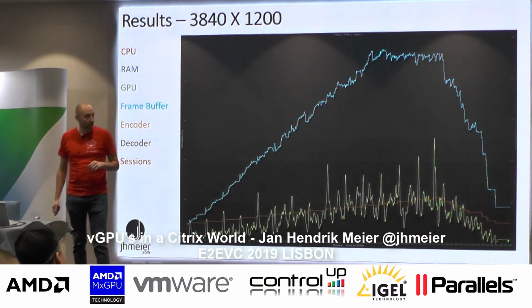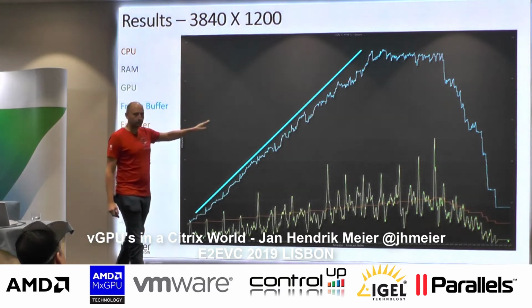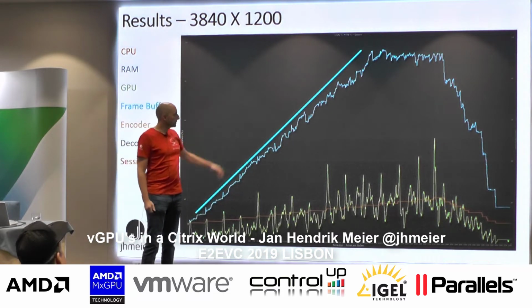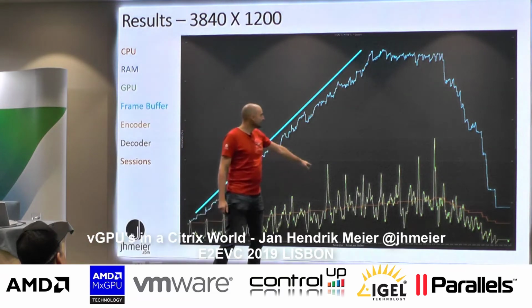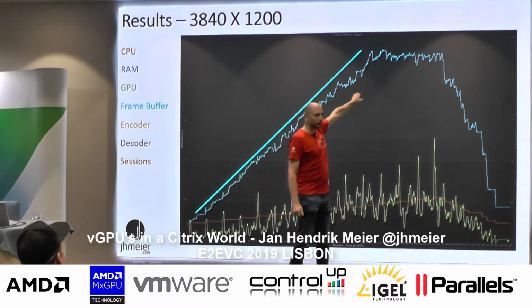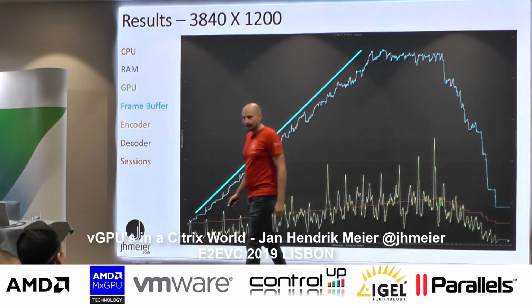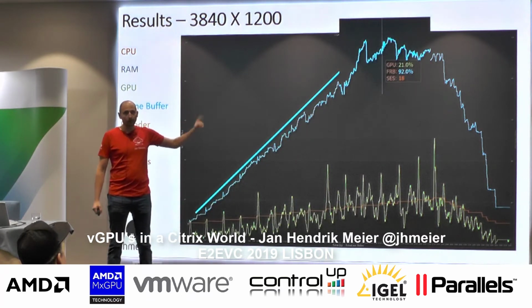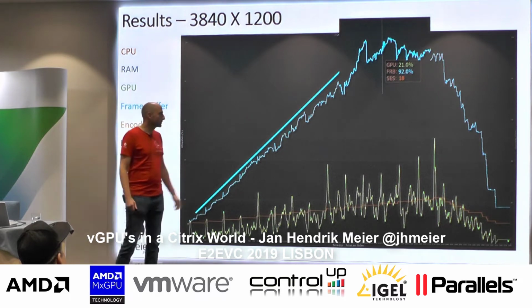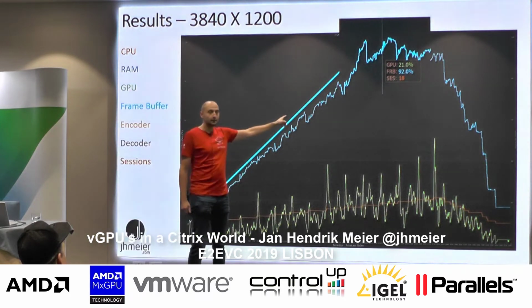If you look at the details more, it goes up, but much more steep. And you can see that the GPU starts to spike at the end because it's fully using the frame buffer, and there won't be any changes. So you have around 92% of frame buffer usage with only 11 users connected.